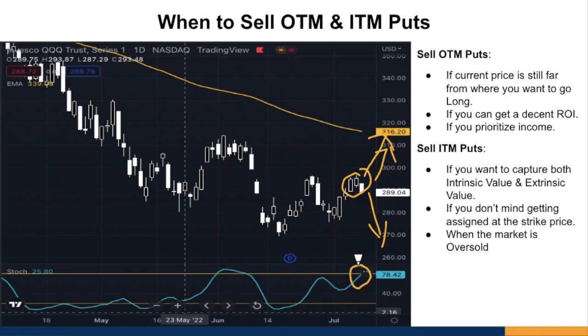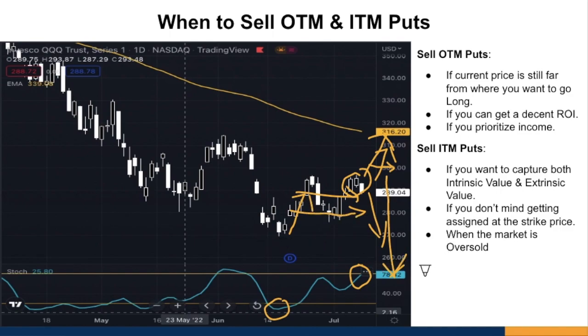If the market has a higher chance of going down, you don't want to sell something in the money and get stuck with the position when the market goes down. So you'll be smarter to wait till the market is oversold, then sell the in the money put option. At this point when you see that it is oversold, you could sell the 280 in the money put, or maybe even the 290 in the money put. This will give you a much higher chance of success.